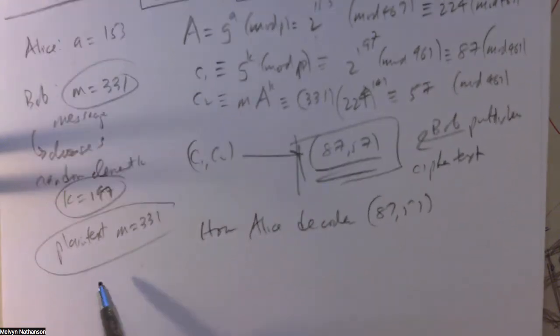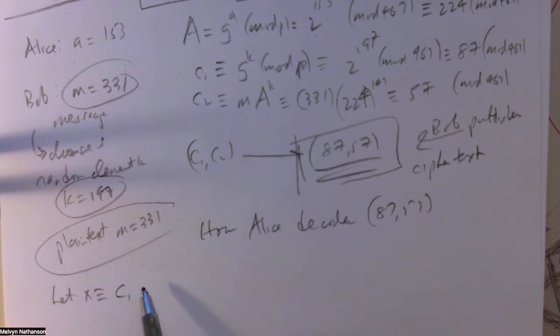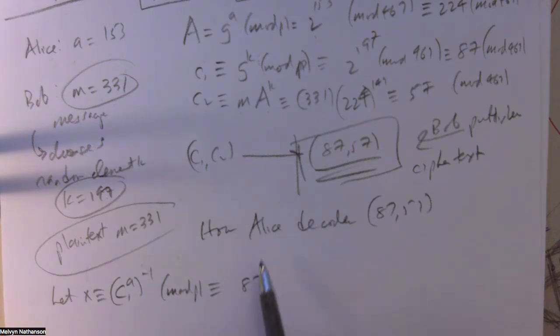So we said let X be congruent to C1 to the power A inverse mod P. So C1 is 87. Alice is the only one who knows her secret number, 153. She takes the inverse of that, mod P.